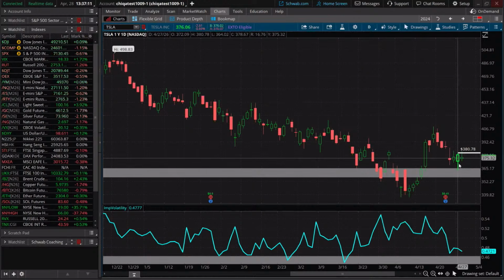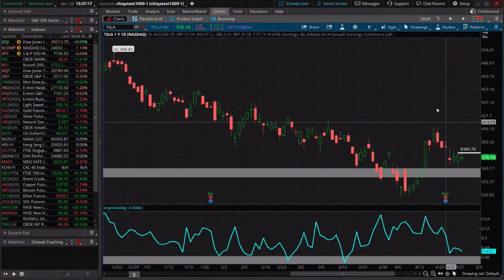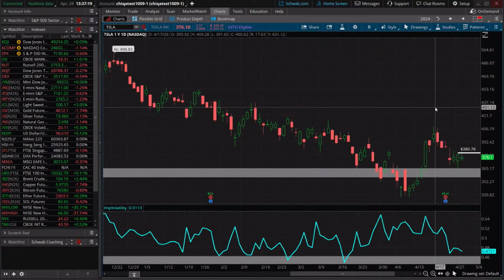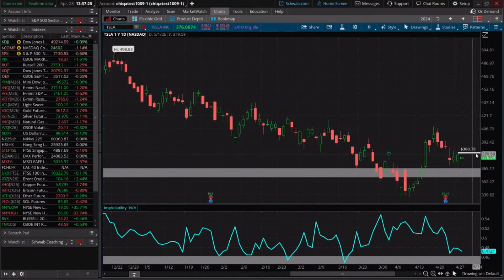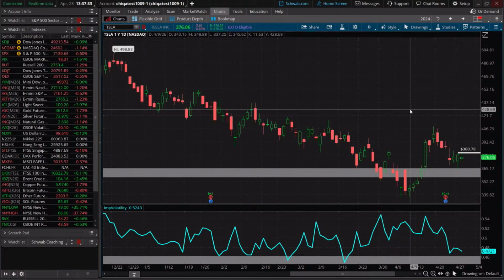This is the low day that came in, touched that level of support, created a possible bullish engulfing. But the confirmation that it is a bullish engulfing comes from the move afterwards to say, hey, it's closing above 380.78 there.